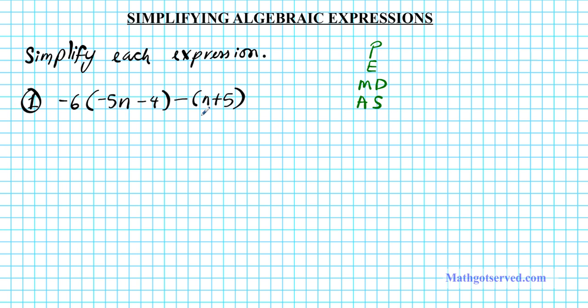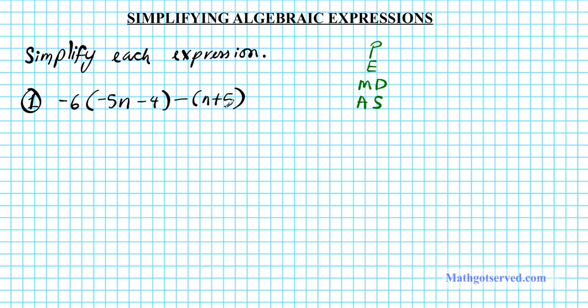So if you look in the parentheses, can we simplify the expressions in the parentheses? The answer is no, because these are unlike terms. If you notice, this is -5n, and then this is -4. This is a variable. This is a constant. The same applies to this quantity right here. They are unlike terms, hence they cannot be simplified. This is a variable. This is a constant.